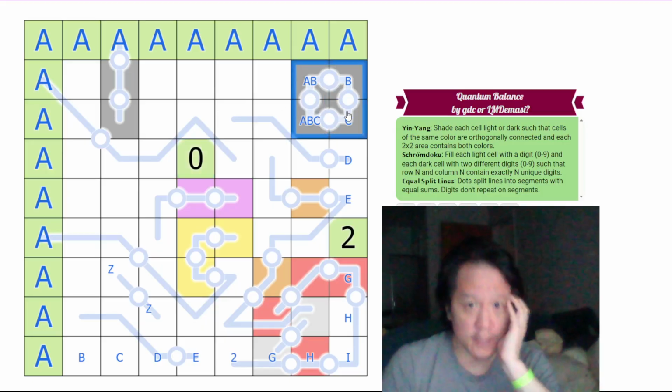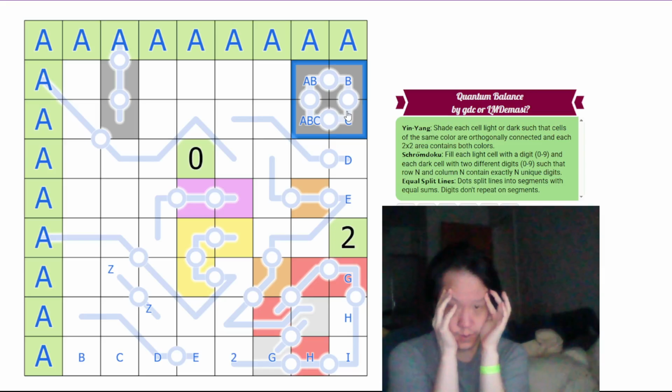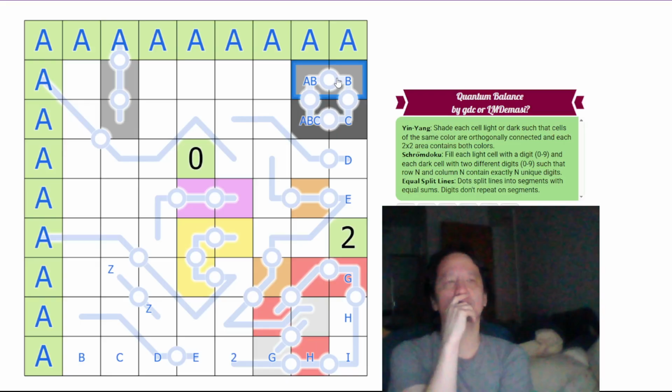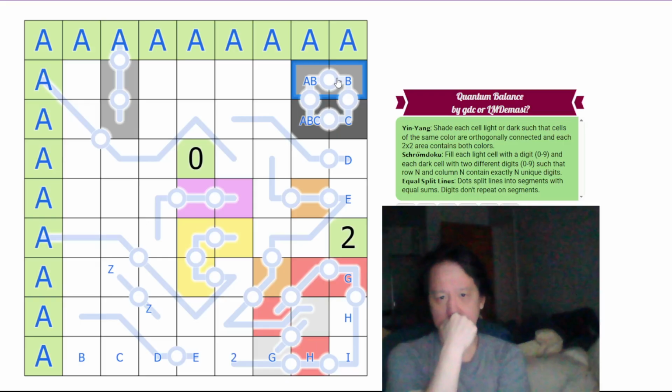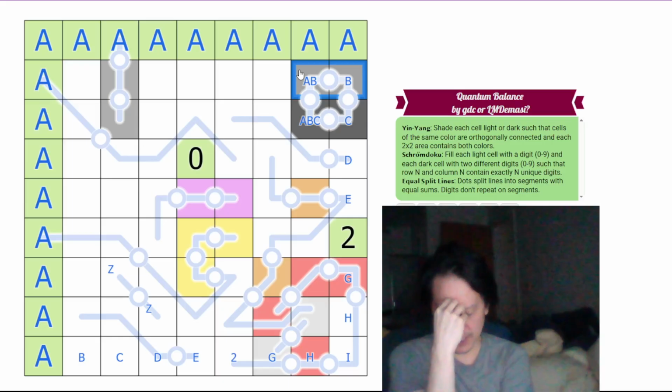Here, at least one of the pairs. So one of these two must be blue. You could have potentially both being blue. So one of these is guaranteed to be A and B added together, and it could be both.